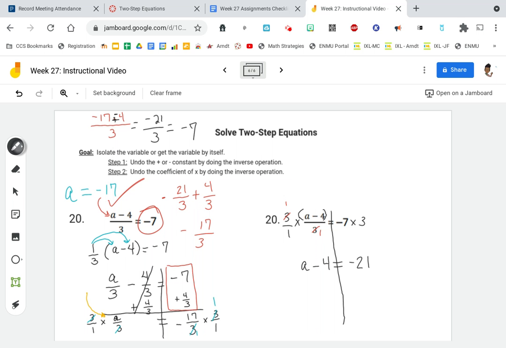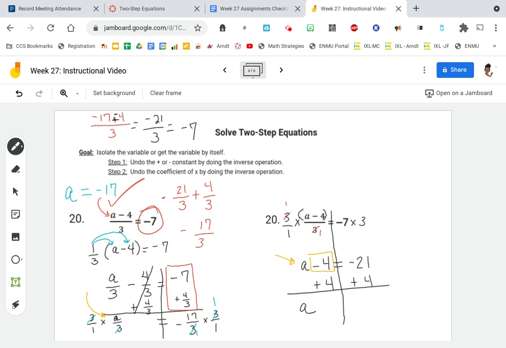Okay? But remember, we've got to get the variable by itself. The variable is right here, that a, and right now it's not by itself because there is a negative 4 over there, or we're subtracting 4, however you want to think about it. So the opposite of subtracting 4 is adding 4. Remember, what we do to one side, we do to the other.